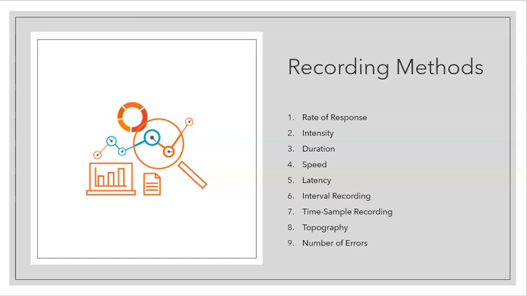I don't have a lot of text on my slides because it's really all about examples. So again, for each of these, a great question that I might have asked if we had a reading comprehension quiz would be, pick 3 recording methods and give me an original example. That's all you've got to do. So a great study tip here would be to go through each of these 9 and create your own example.